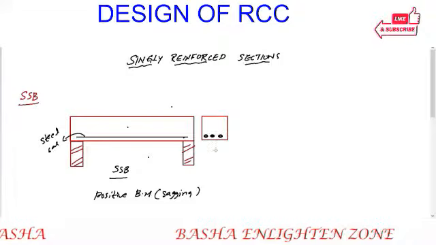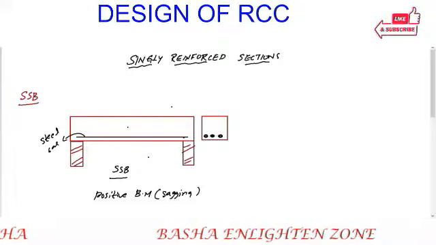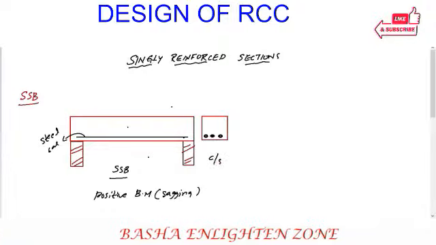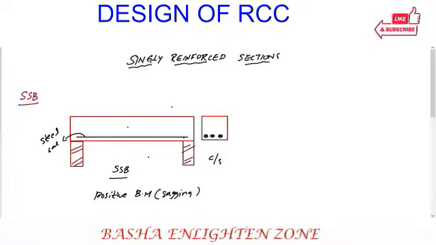So this is the cross section of the beam. If you cut this section, the steel bars will be like this. So the bars are provided on the tension side of the beam.